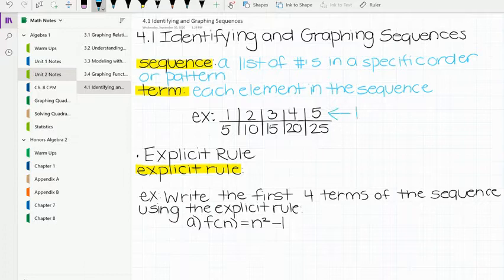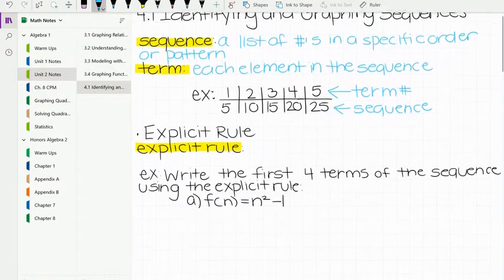The numbers up here are actually the term numbers, and then this down here is the actual sequence. So the sequence would be 5, 10, 15, 20, 25, but we would say 20 is the fourth term, 10 is the second term.